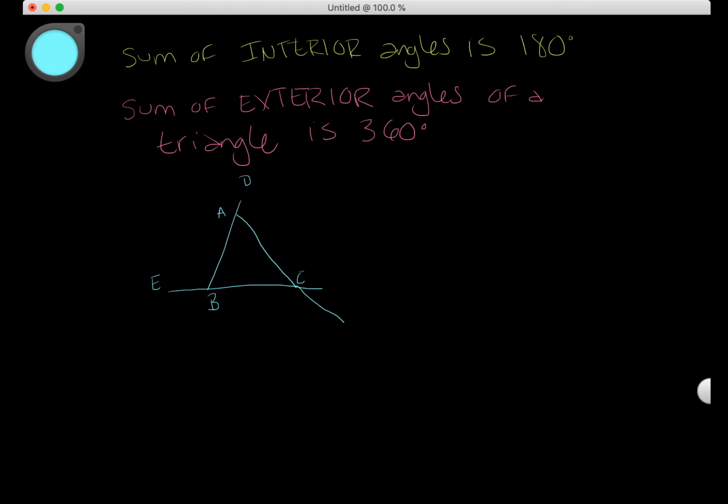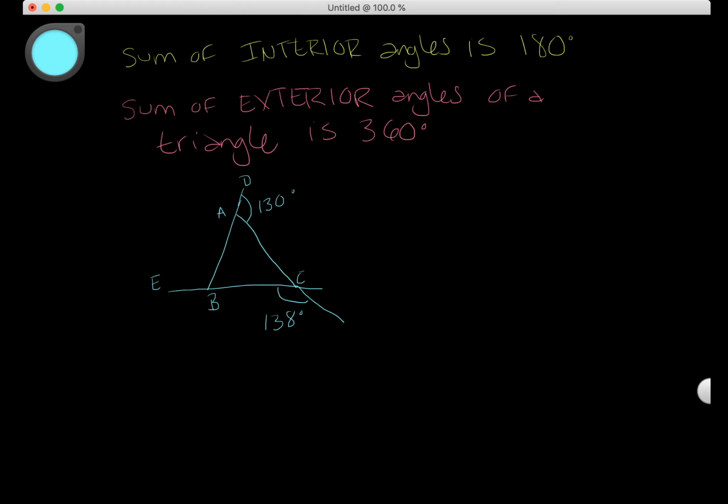Let's add in some information on this triangle. Let's say that this angle out here is 130 degrees, and we'll say that this angle down here is 138 degrees. And we want to find this angle right here. So we've got an X there.